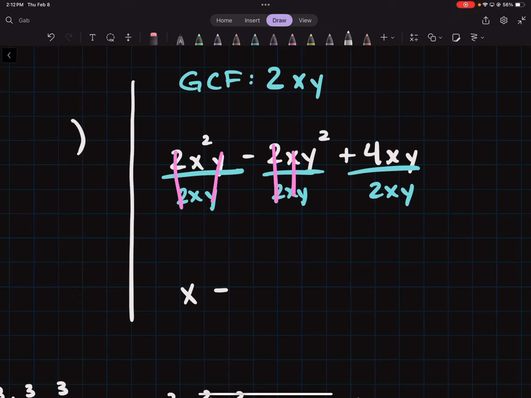You don't put it unless you have nothing left. It's just Y, and then you have Y left. Plus 4 divided by 2 is 2. X divided by X, Y divided by Y, none. Easy. That's all you got left, right?